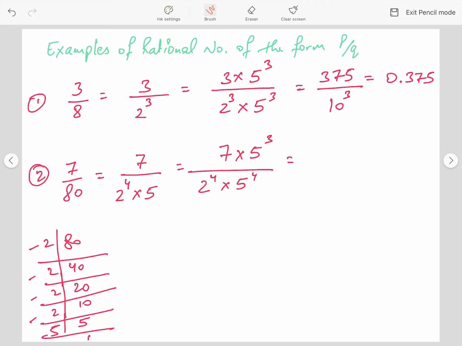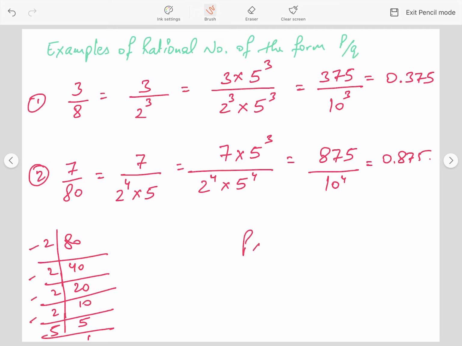So that will be equal to 875 by 10 raised to the power 4, that is equal to 0.875.